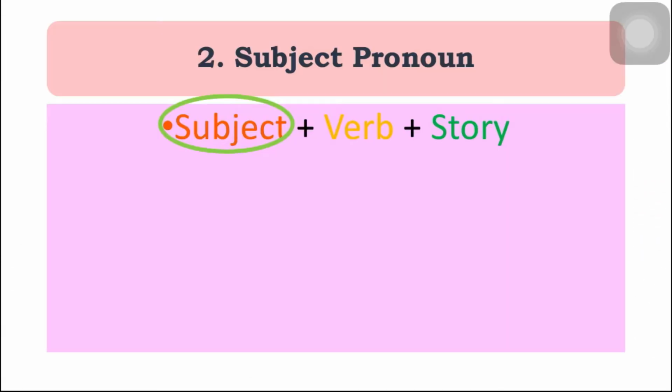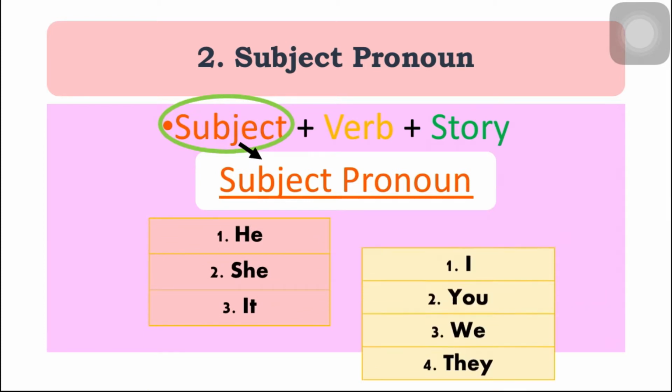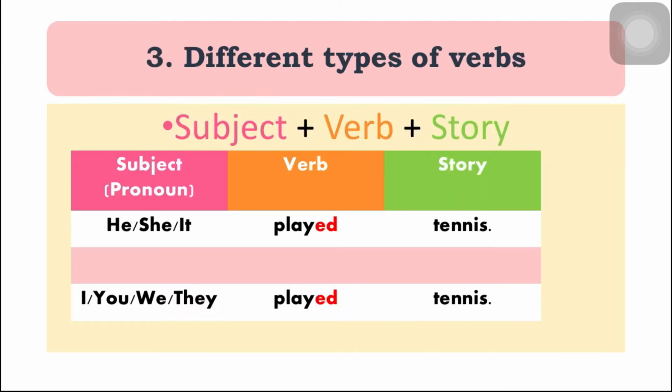Subject pronoun. So what is a subject pronoun? Do you know that? He, she, it, I, you, we, and they. All of these are considered subject pronouns, which is the person or thing that is doing the action.